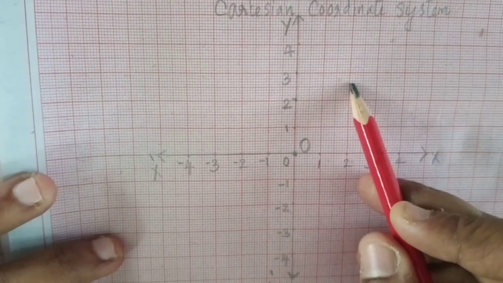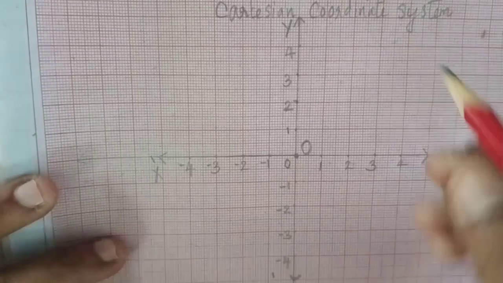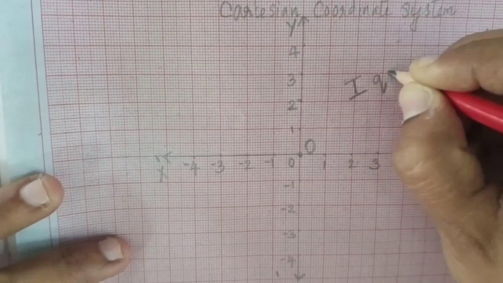This is the first part, second part, third part and fourth part. So this is the first quadrant. This is the second quadrant.